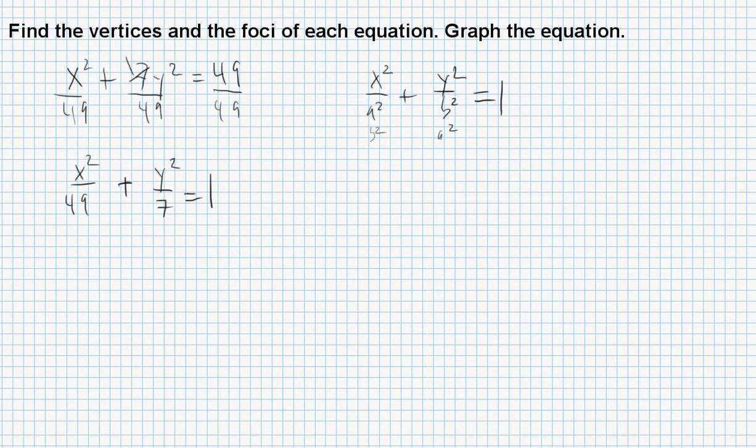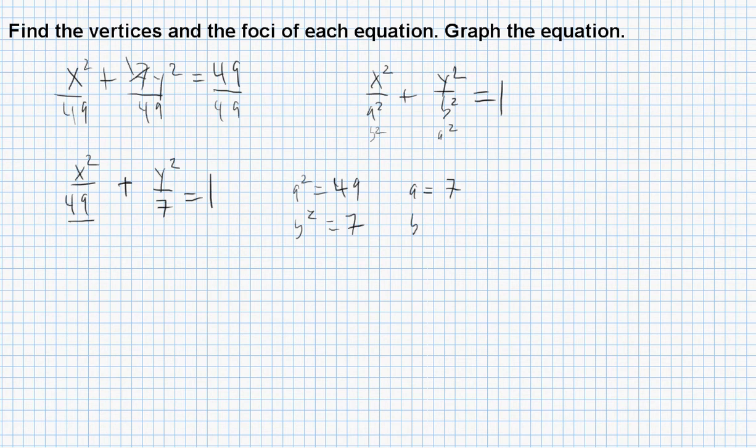We can see that the larger number is under the x squared, so that has to be the a squared. Right now we can see that a squared is equal to 49. The other number, b squared, has to be equal to 7. That means a, which gives us the vertices in the major axis direction, is 7.